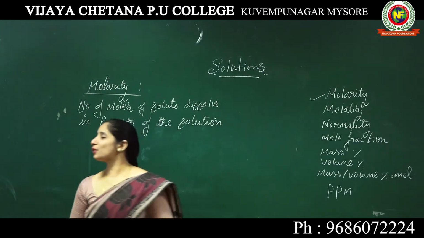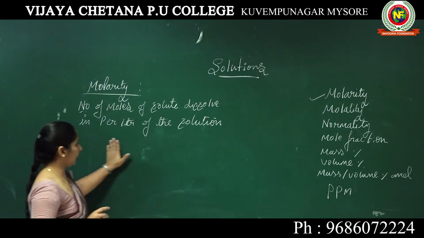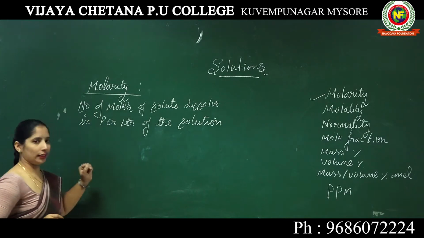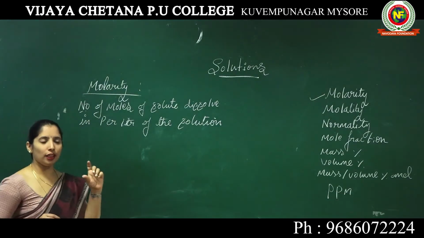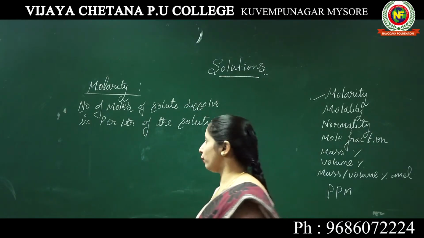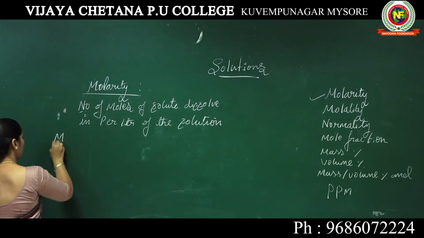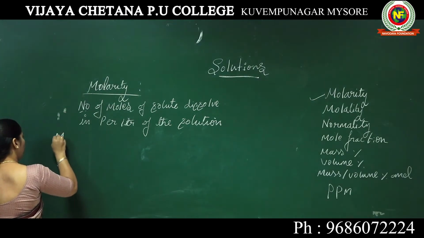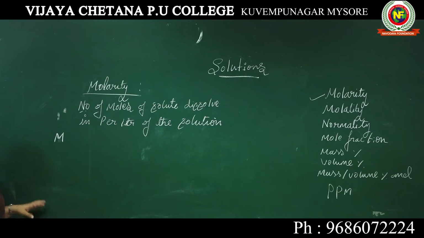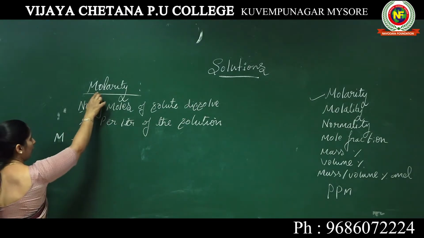So how can we write this molarity theoretically? How to represent this molarity in theoretical form? In the theoretical equation, the molarity is always represented by a capital letter M. So M is nothing but the molarity.